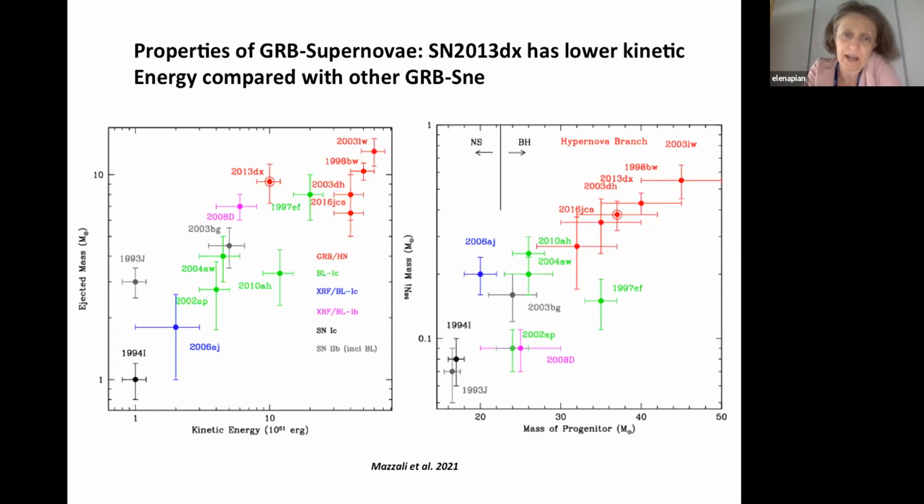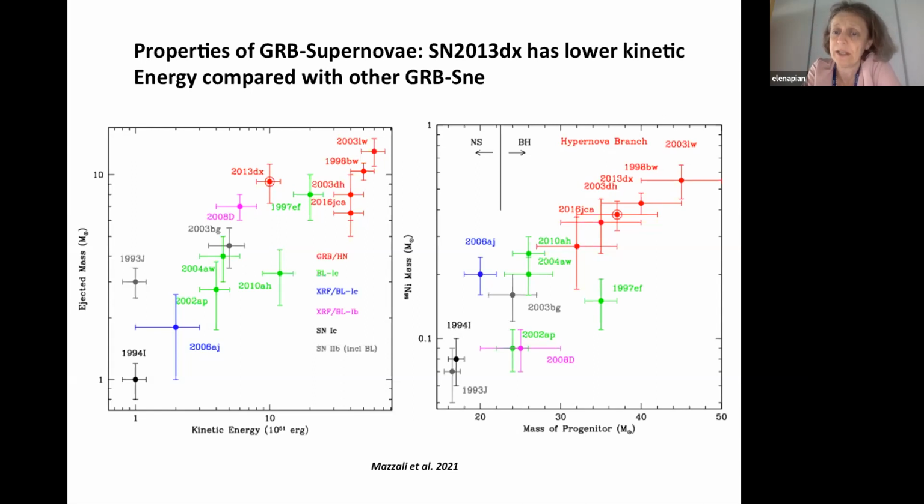And here it's highlighted 2013dx, which doesn't land in the same locus as the other gamma ray burst supernovae because of its kinetic energy. Otherwise, its properties are very similar to gamma ray burst supernovae.